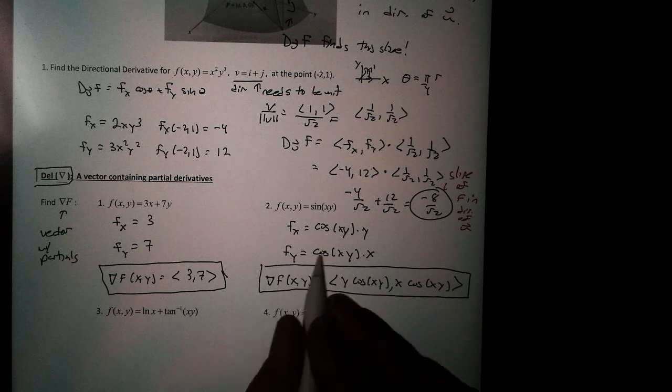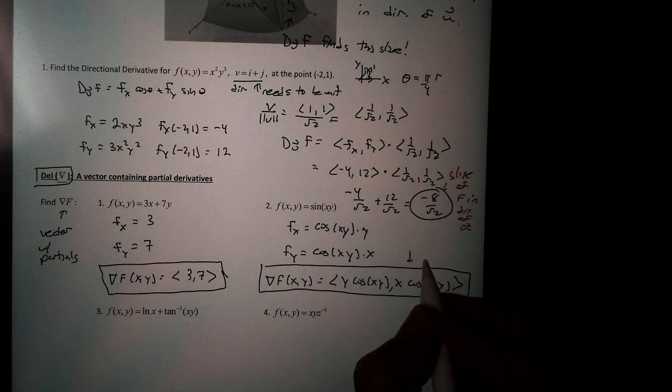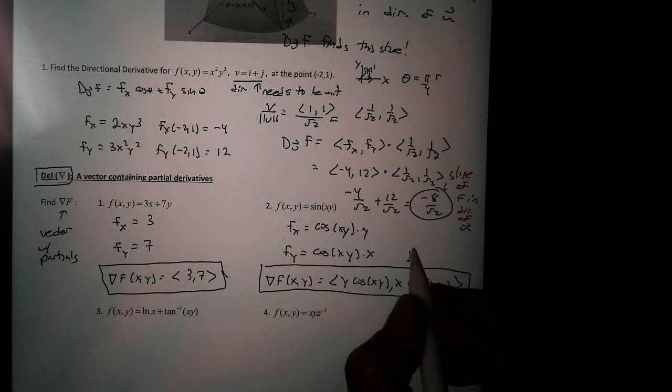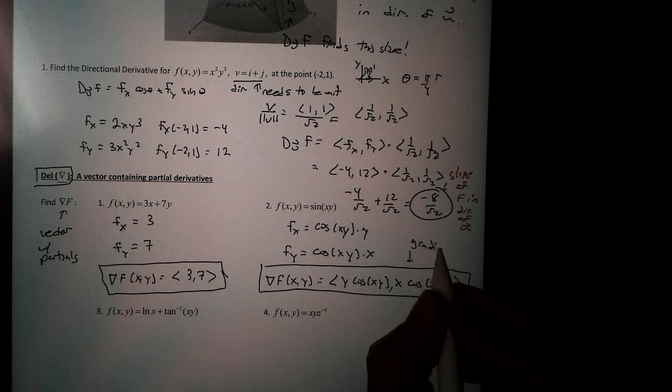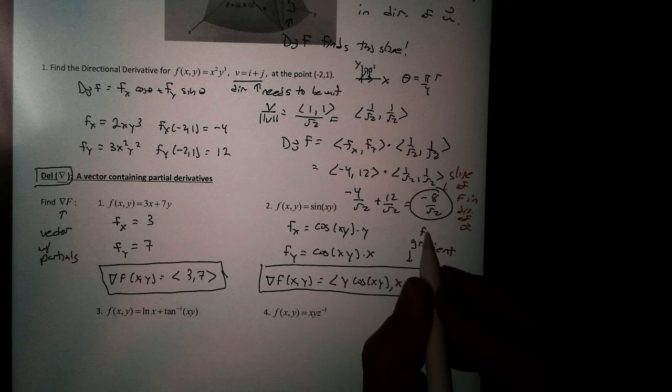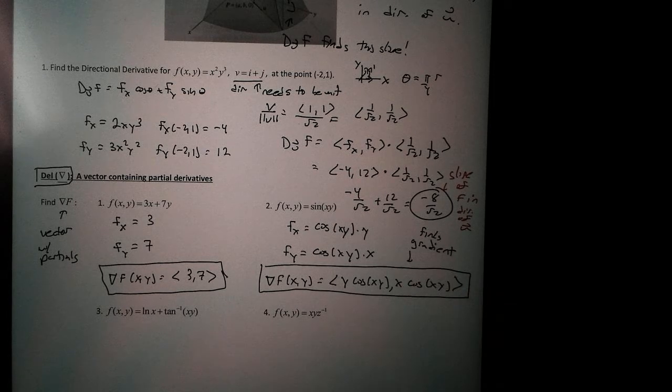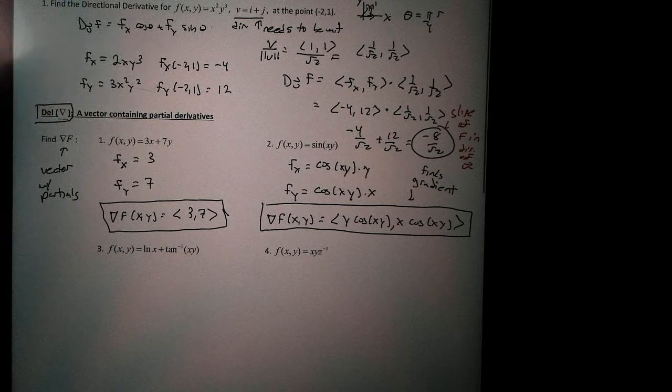Now, del, if we apply this, becomes something else for us, and we're going to talk about this in the next lesson, tomorrow. We call this also the gradient, or it finds something called the gradient. You can click over there somewhere and find the link to that if you want to.